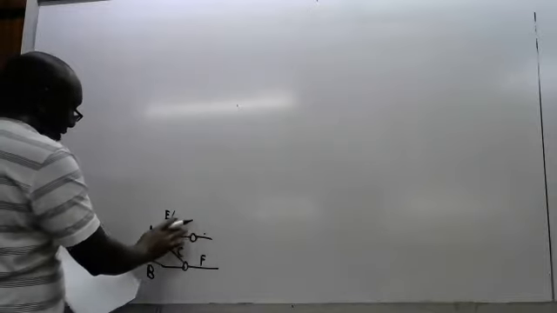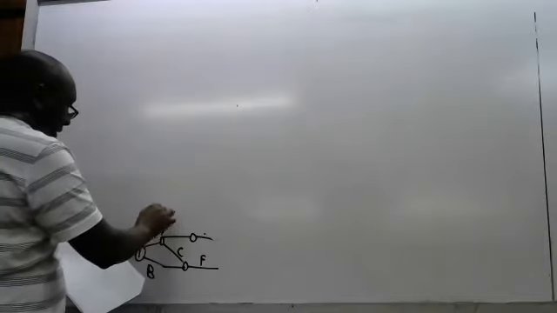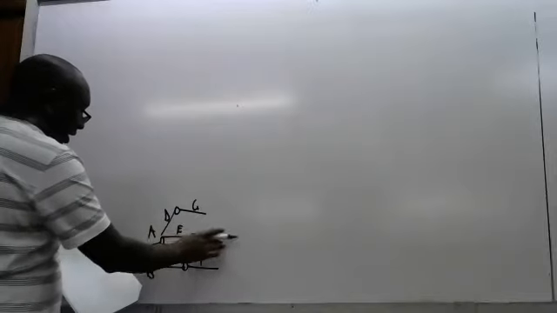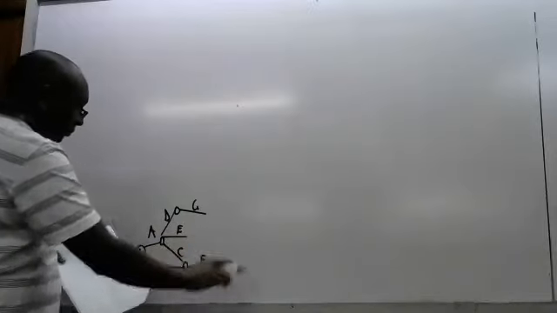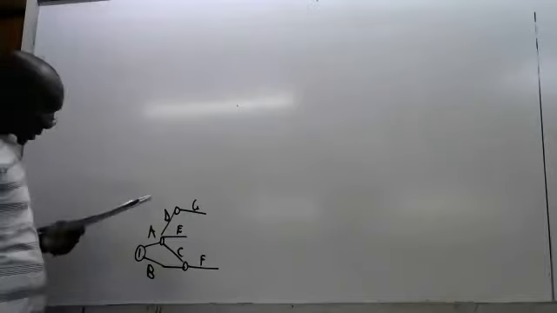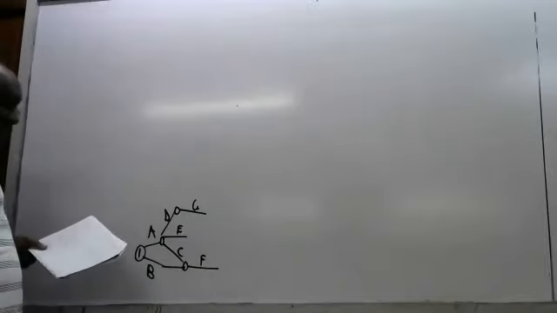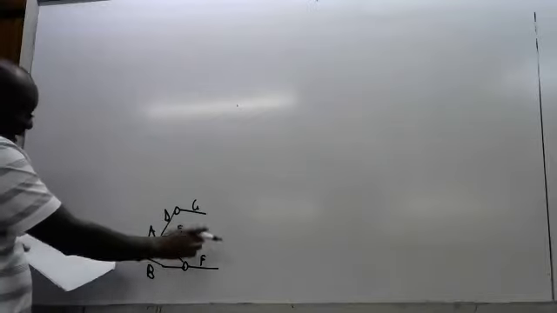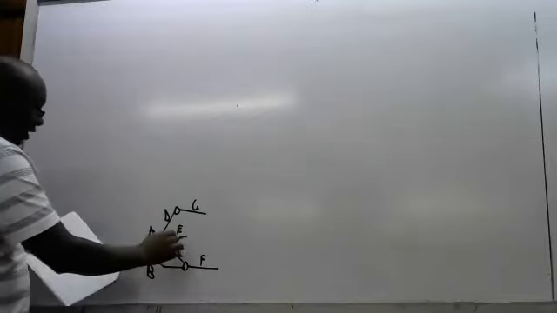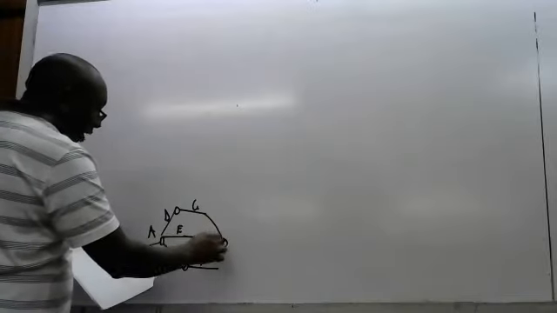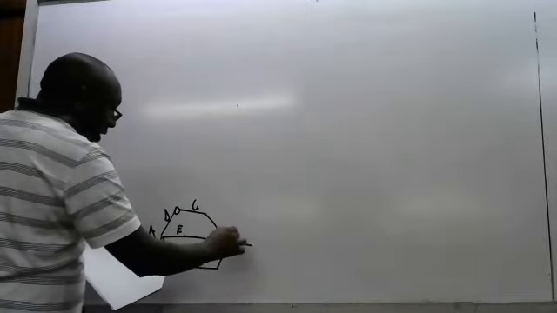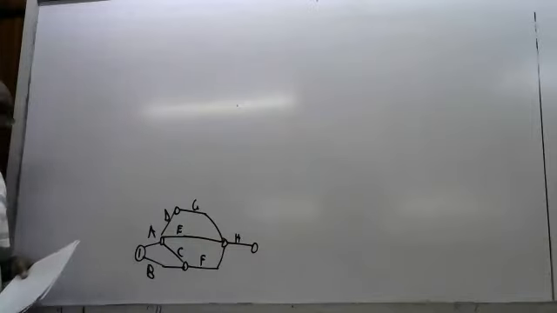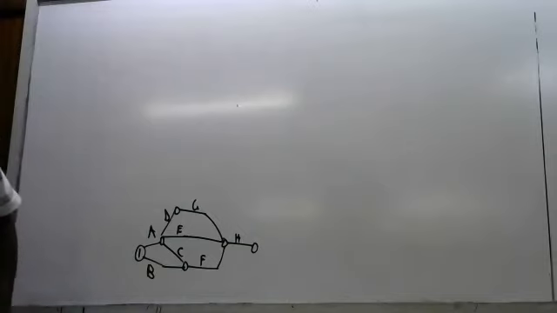Let me interchange this one to become my E so that it precedes G. That is my E there. So E, F, G, they precede H. So all of them meet here so that we have H there.